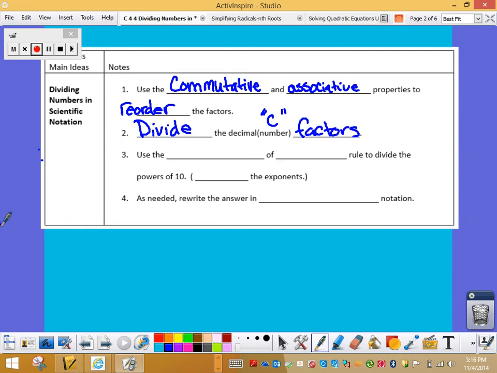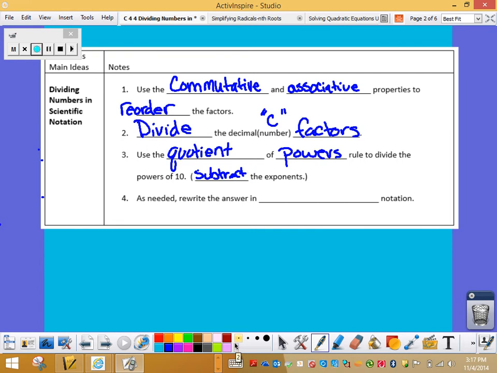For number 3, use the blank of blank rule. And today we are actually going to use the quotient of, I'm sure you can all guess, powers rule to divide the powers of 10. And in this case, if you remember, we actually subtract those exponents.